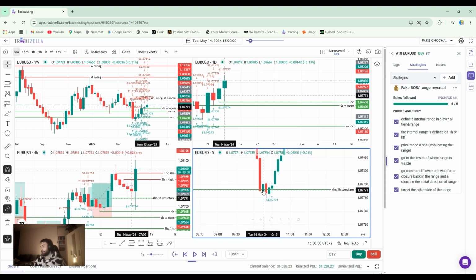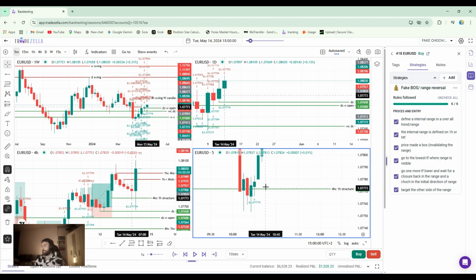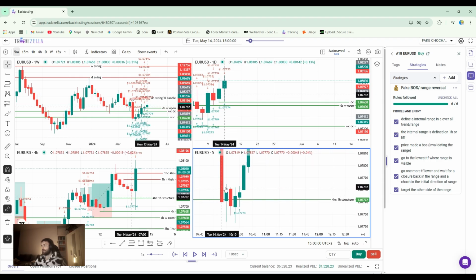Right. What happened basically? It spiked the range and closed back in the range, but no change of character, right? No trade. Then it came one more time, took the liquidity below this low, closed back in the range, and made a change of character with this candle.